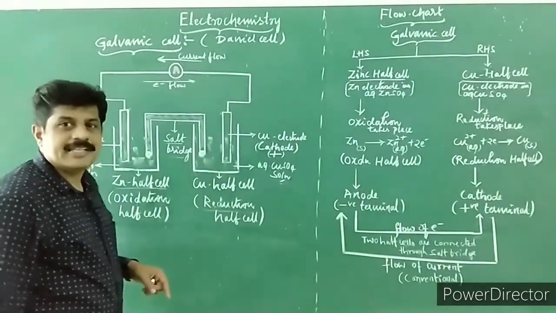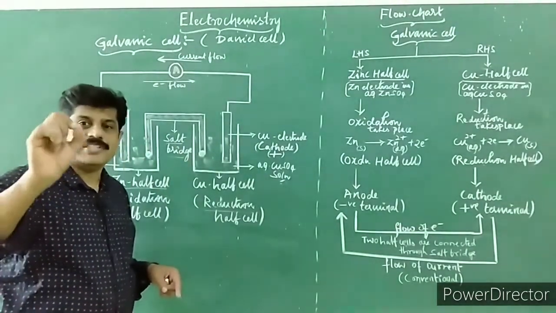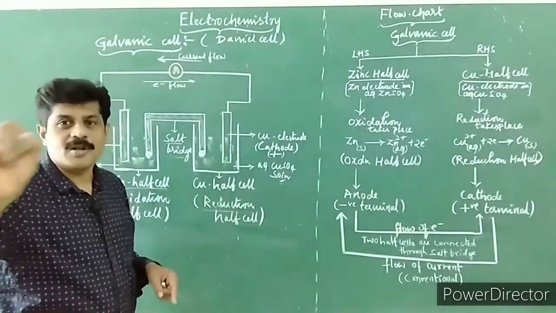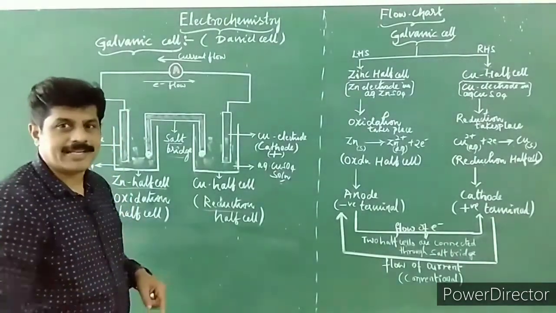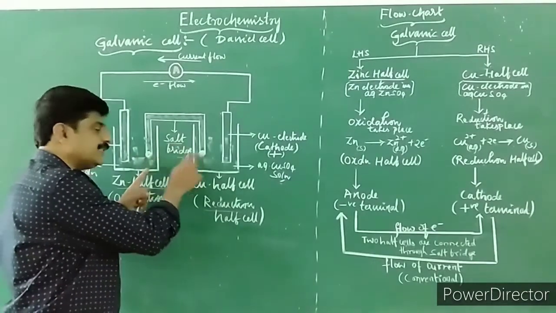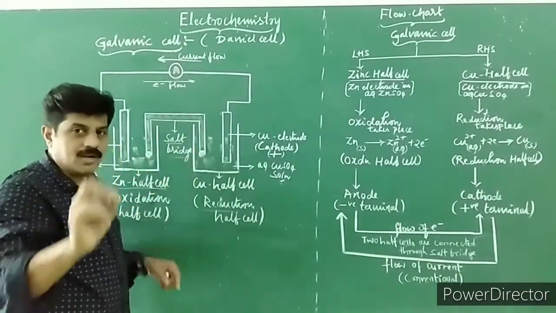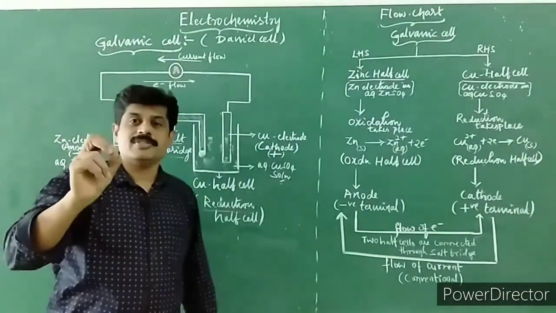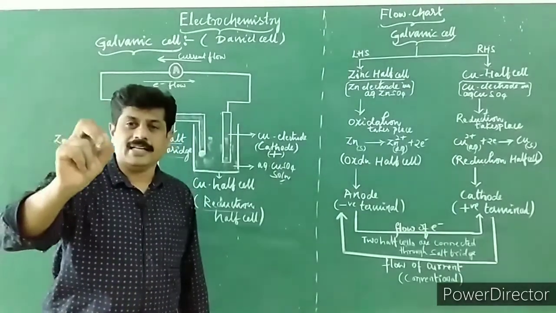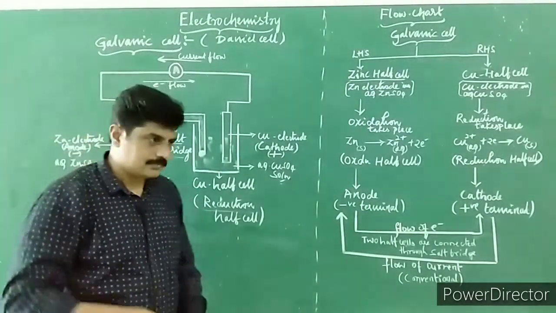The salt bridge is filled with a jelly or saturated solution of potassium chloride or ammonium nitrate. Both the ends of the salt bridge are plugged using porous material like glass wool or cotton.